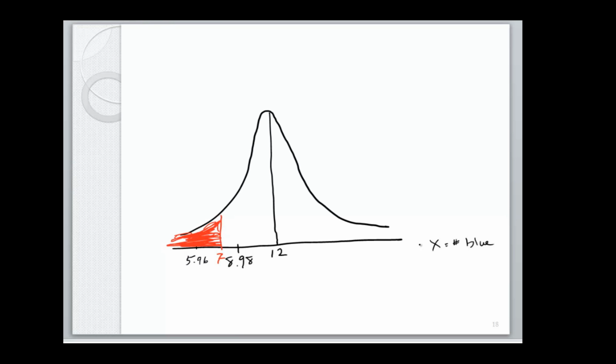And since we know that this distribution can be approximated as normal, we can use the standard normal table, the z table. This value is going to be 7 minus the mean over the standard deviation, which is negative 1.66.